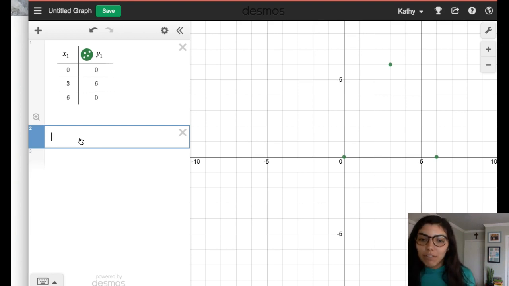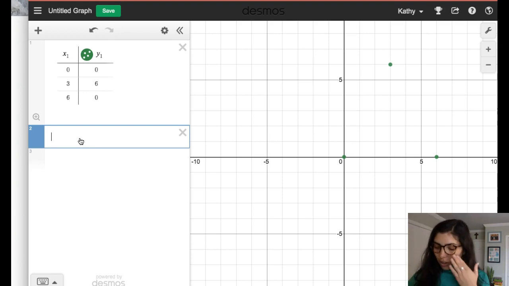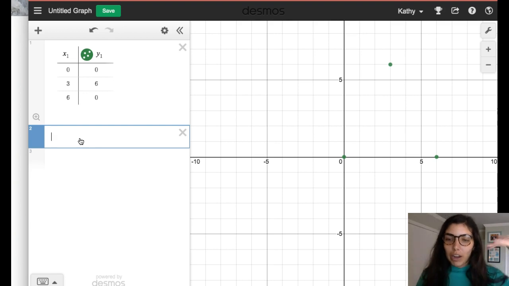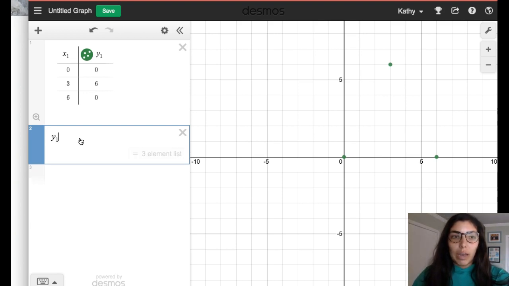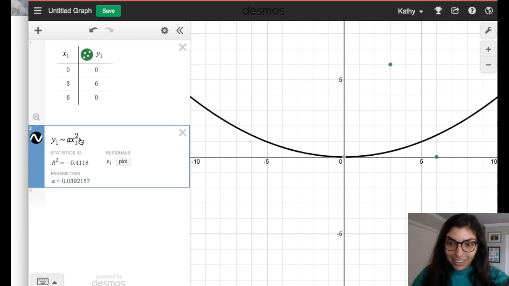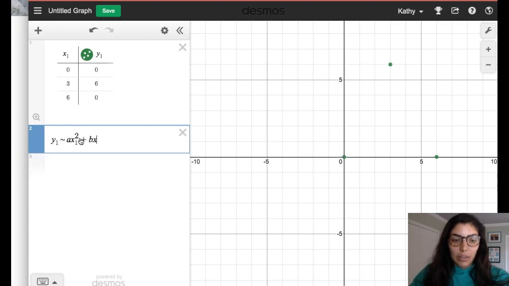So I'm going to type the fancy version that you highlighted on your notes, the fancy version of the quadratic with the squiggly, which was y₁ squiggly line, a x₁ squared, that's important, plus b x₁ plus c.